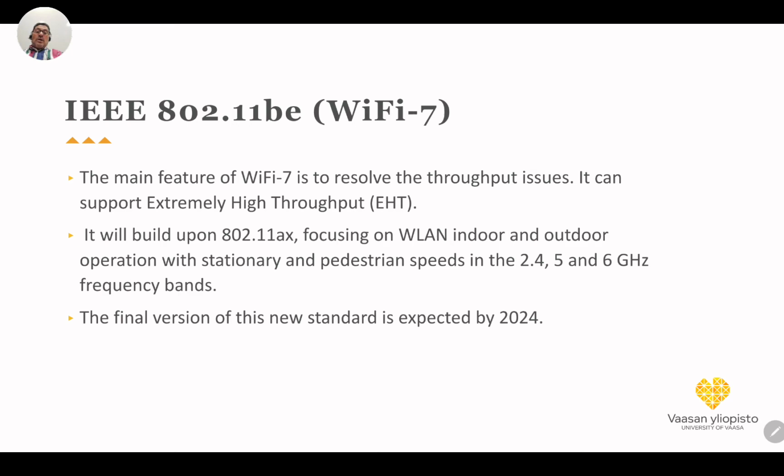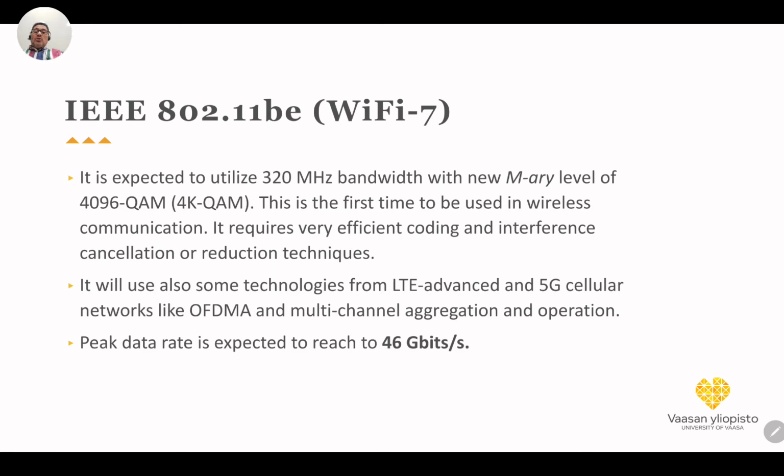And finally, we have this Wi-Fi version or generation 7, and it is expected to come to the market in 2024. And in this version, they use most of the bands in 2.4, 5, and 6 gigahertz, and also they use 4096 QAM, 4K QAM. And it is mentioned here that this modulation level is the first time to be used in wireless communication.